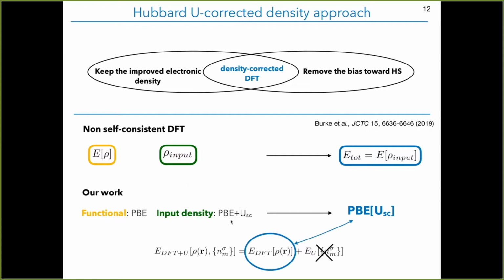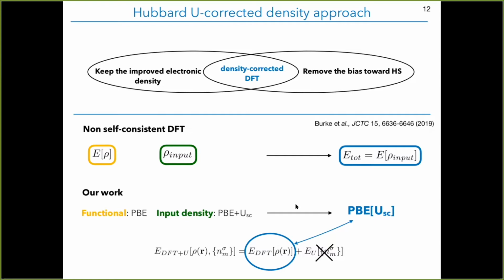Practically, this is quite easy to implement. In fact, if we have a look at the expression of the DFT plus U energy, we can expect to recover this quantity by not considering the Hubbard energy term.